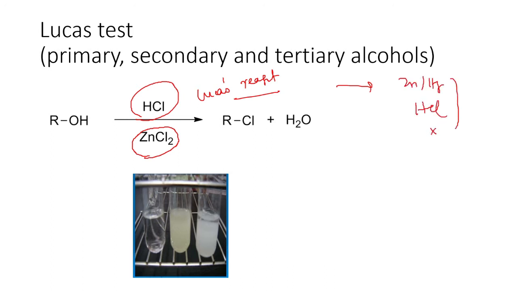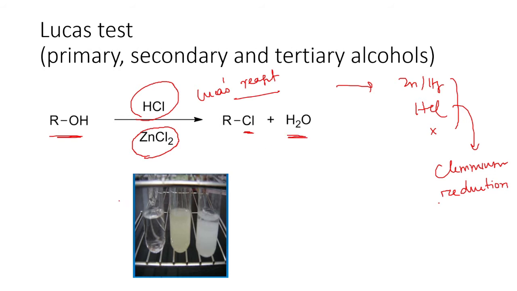Actually, that is used for reduction, the Clemmensen reduction. We will do a video on this name reaction someday. So don't get confused. With Lucas reagent ZnCl2 HCl, the OH group is replaced by a Cl group, and H2 is liberated.